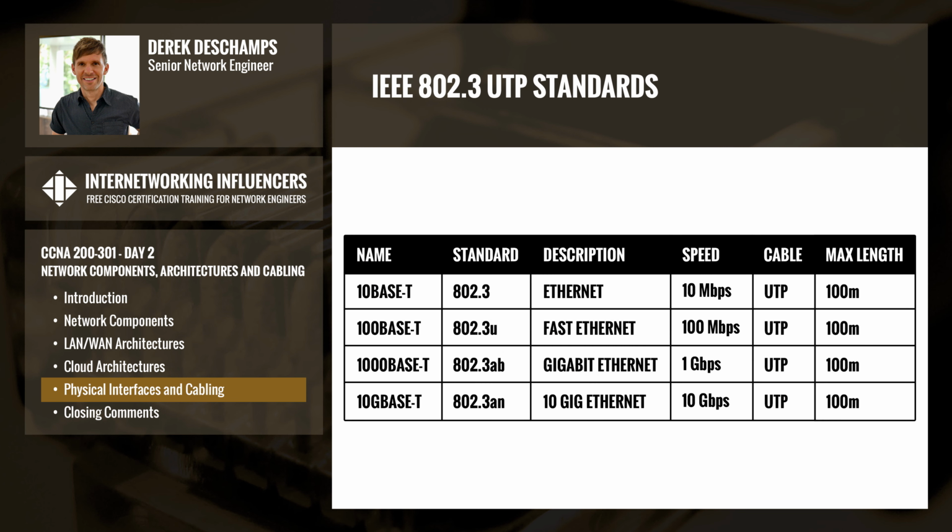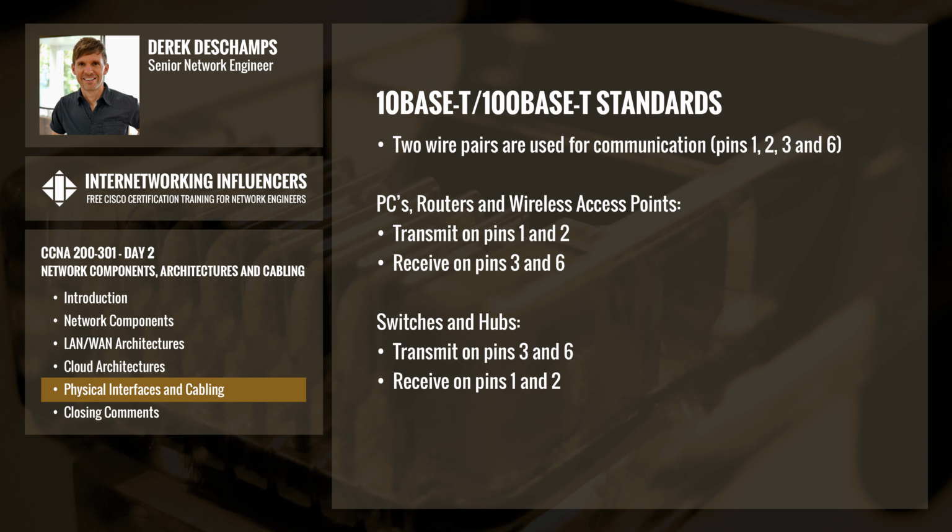The Institute of Electrical and Electronics Engineers, or IEEE, has developed several Ethernet standards for the various network speeds using UTP cabling. Most Ethernet standards that use UTP cabling have a maximum cable length of 100 meters. With the 10-base-T and 100-base-T standards, only 2-wire pairs are used for communication.